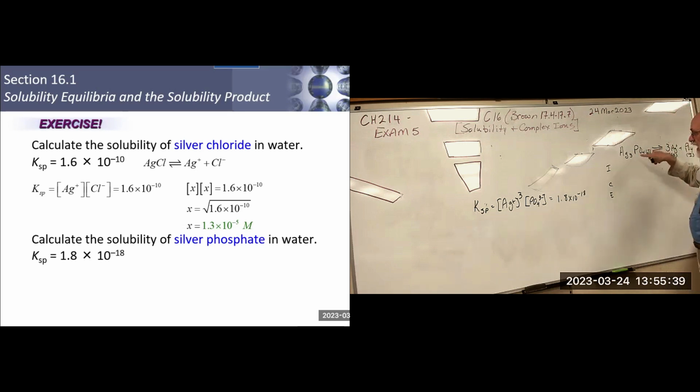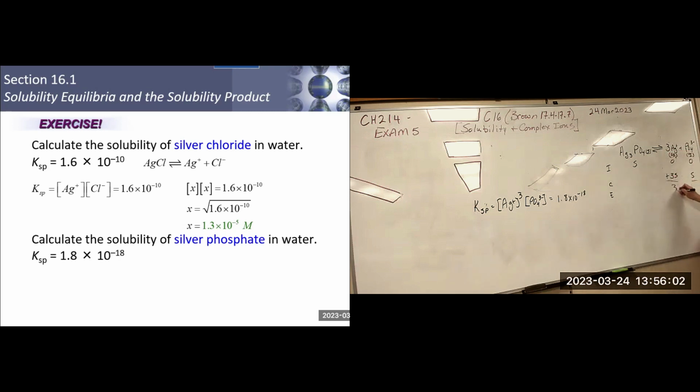Okay, so if the solubility here is going to be represented by S, that means this starts off at 0, and the change is going to add 3 S's and they're going to add 1 S here, because this is 3 of them, and this is 1 of them.